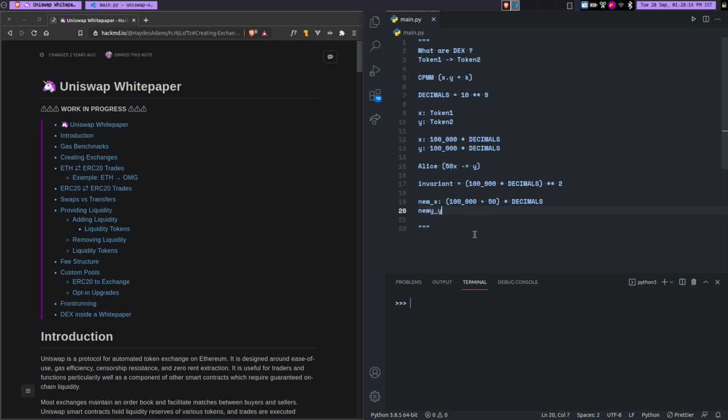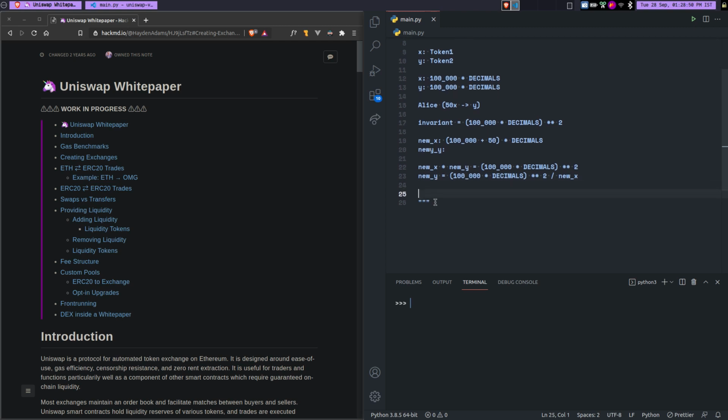In order to find the new amount of Y tokens, first of all you need to make sure that the invariant stays constant. So you can do something like new X times new Y, and it always needs to equal the same invariant. In our case it is going to be this. We need to find the new Y, so it is going to be the exact same number divided by the new X. This is the formula to identify the new value of Y tokens in our pool.